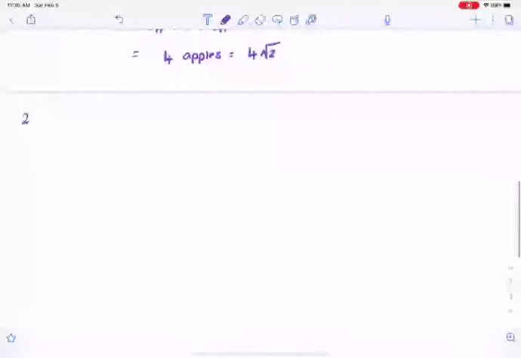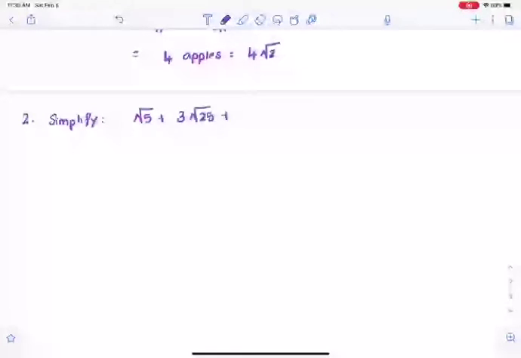So let's simplify: root 5 plus 3 root 25 plus 4 root 75.